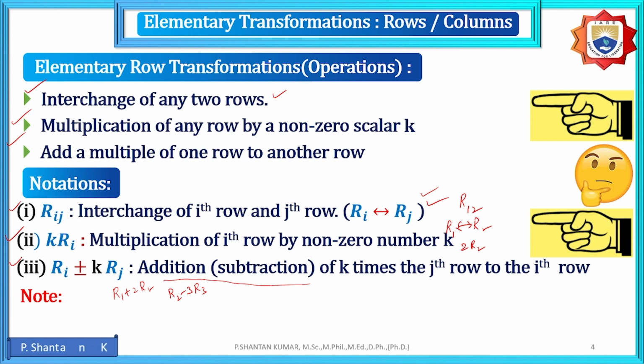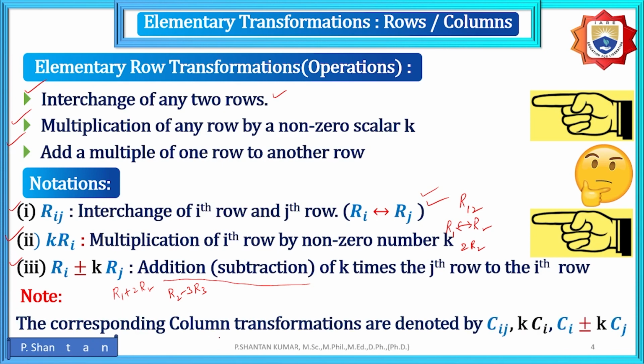And again, based upon this, there are the column operations also. What are the column operations? For example, the corresponding column transformations are denoted by ci exchange cj, alpha into cj or k into ci, otherwise ci plus or minus k into cj. Whatever we understood from the row operations, the column operations are the same.